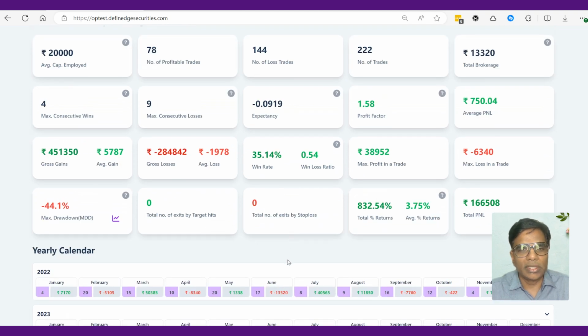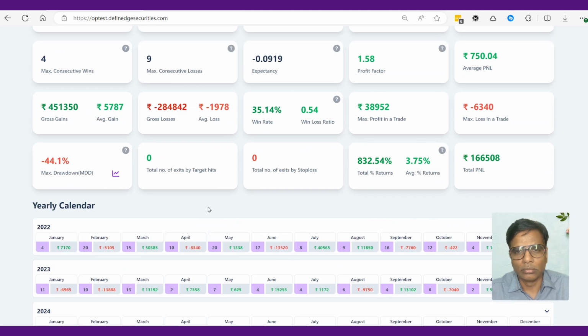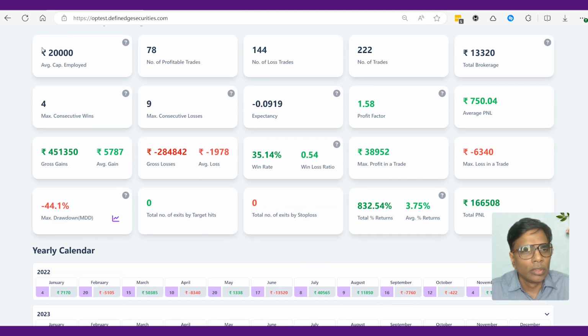Now as you can see here, the average capital employed is 20,000 because we are only taking a long call. We are assuming that it will not take more than that particular amount to enter a given trade.